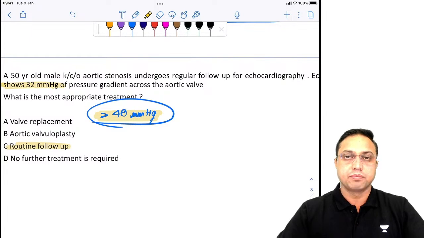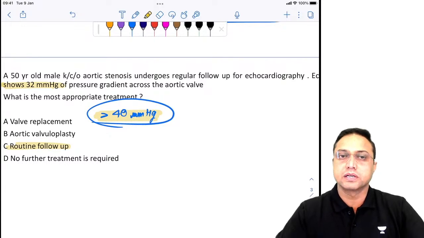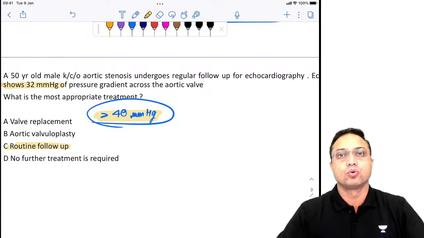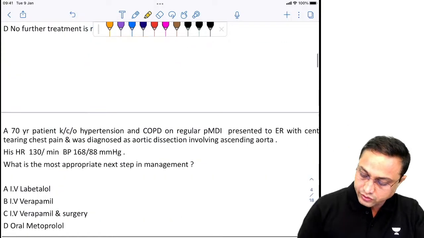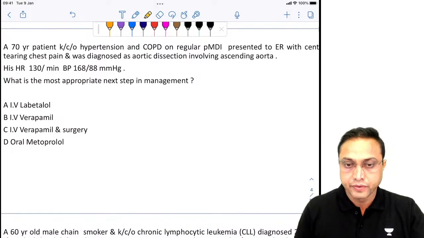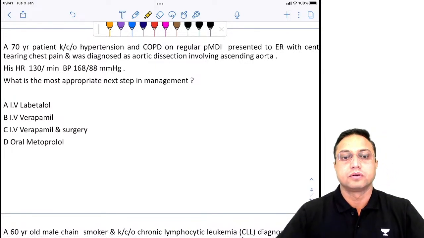If it is lesser and the patient is asymptomatic, or not going for any other cardiac surgeries, and his ejection fraction is more than 50%, guys, nothing to worry, you just have to follow up this patient on a regular basis, right? Okay, let's see question number 3. Time starts now.